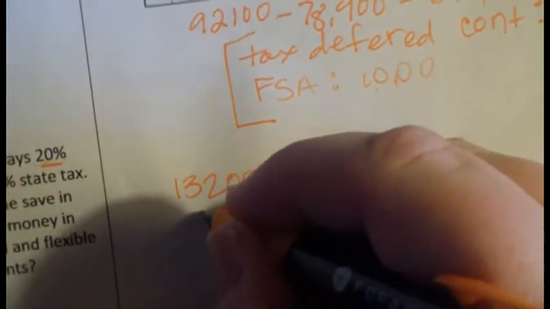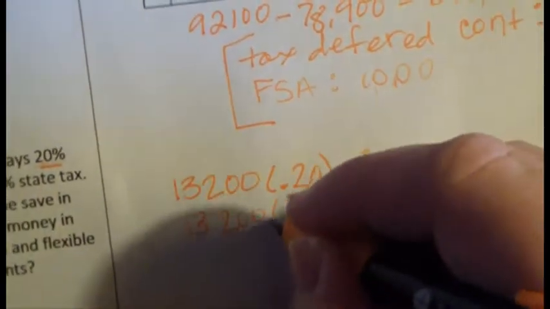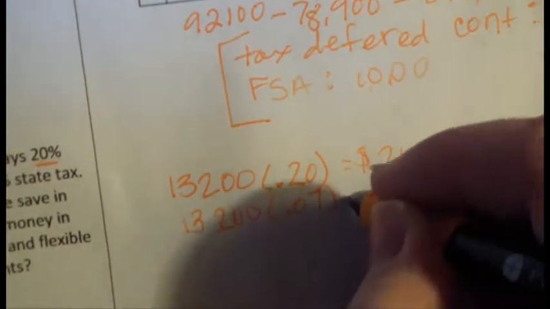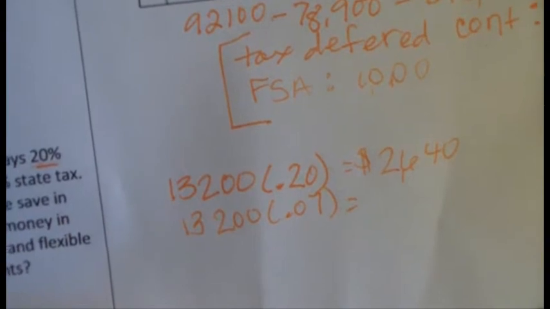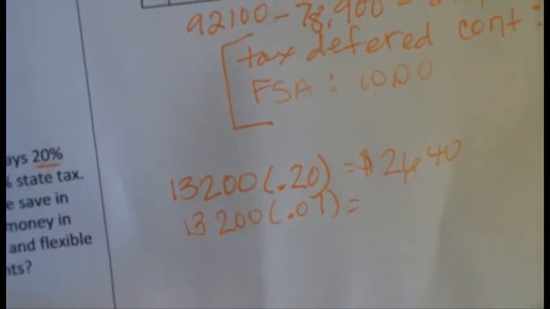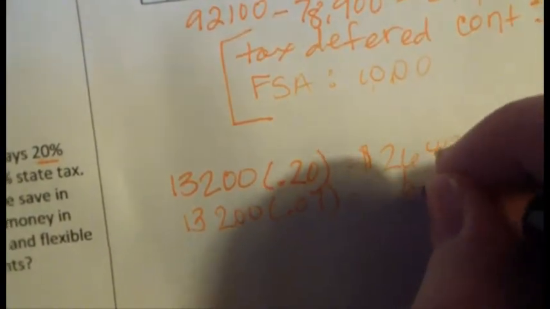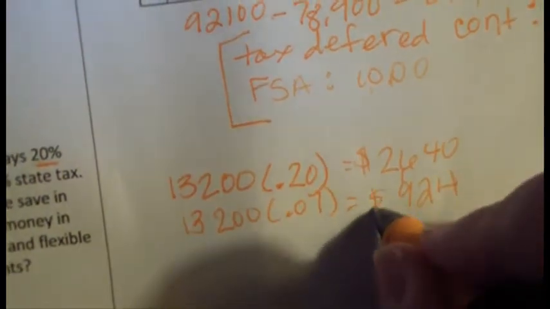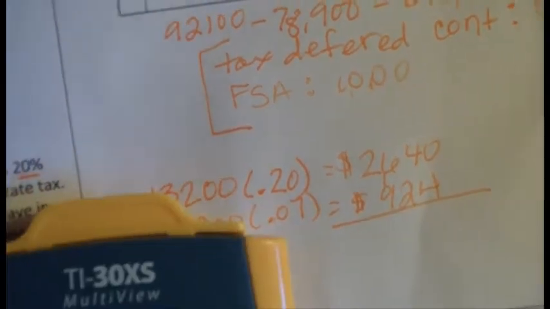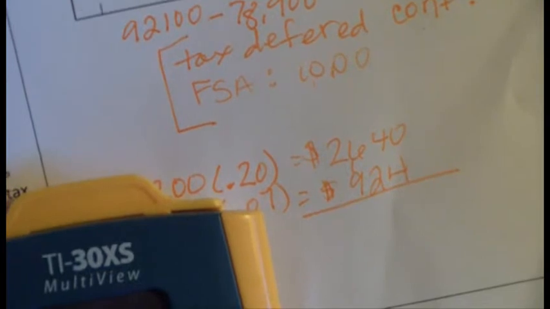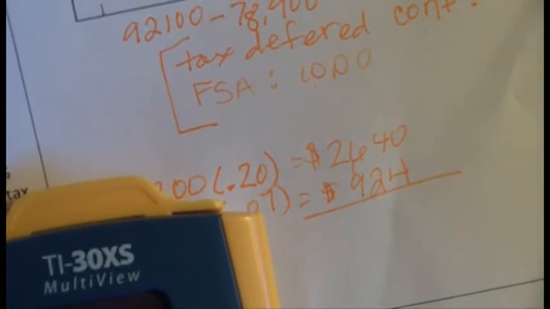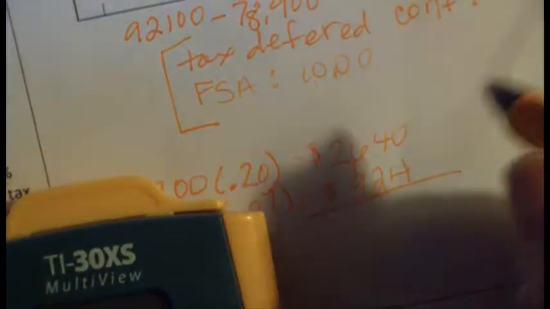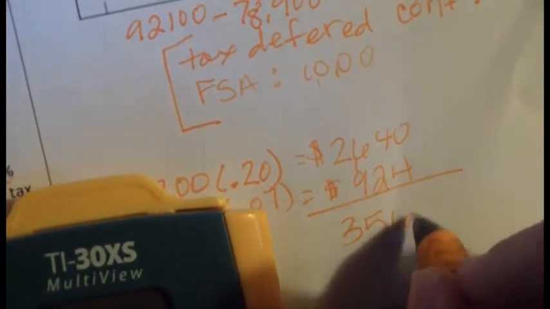And then state taxes was 7%, so that's 0.07. So 13,200 times 0.07 is $924. So if you add those together, 2,640 plus 924 is 3,564.